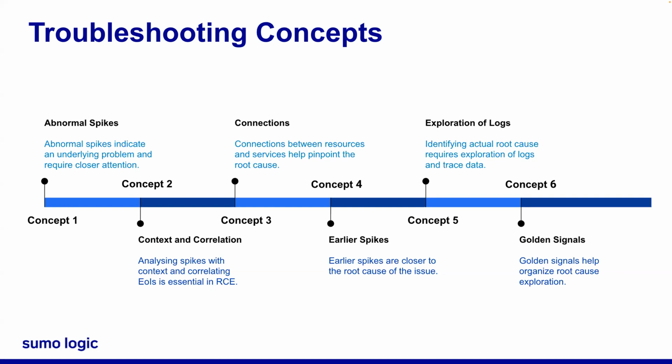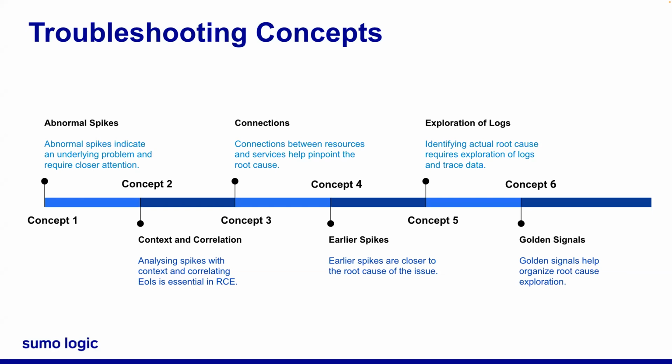So I said established connections would be identify relationships between resources and services to help identify root cause. Yep, I would agree. Earlier spikes are closer to the root cause. Yep, that's earlier spikes. Abnormal spikes would be they provide indications that there is an underlying issue. Yep, correct.